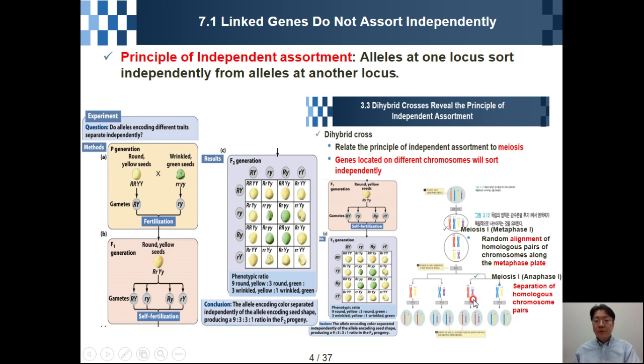So the principle of independent assortment means that genes at one locus sort independently from the alleles at another locus. That's why the ratio in the F2 generation is 9:3:3:1.